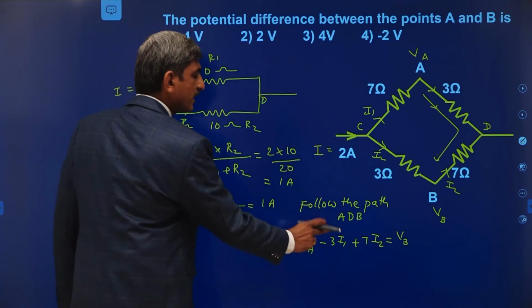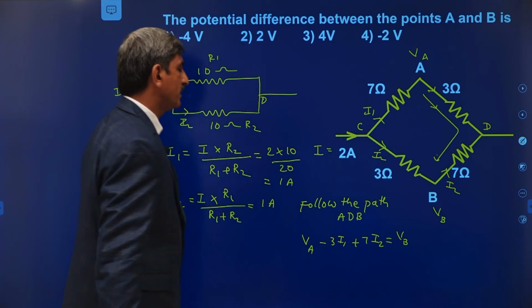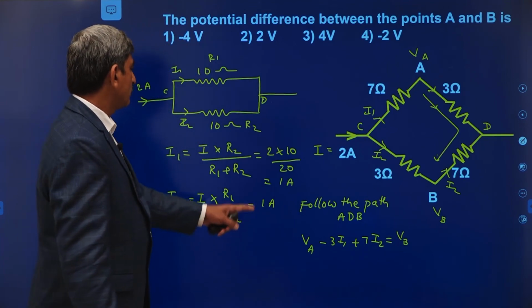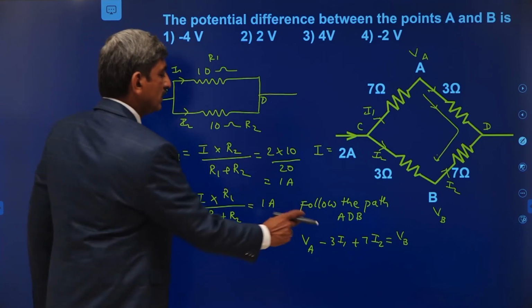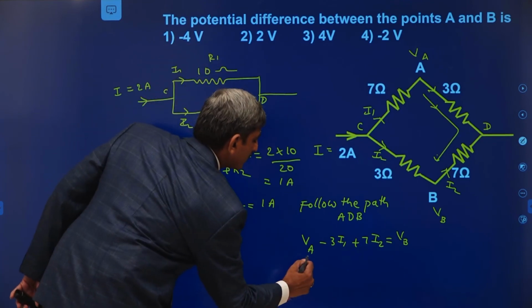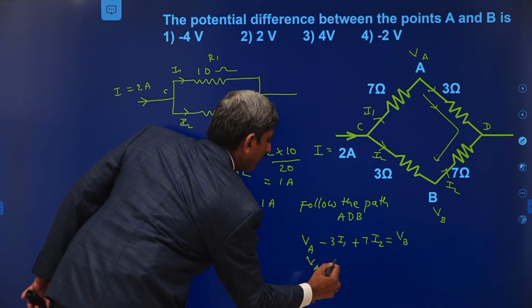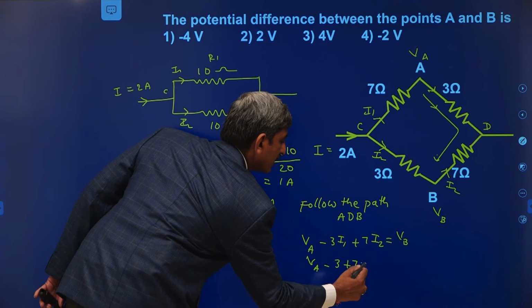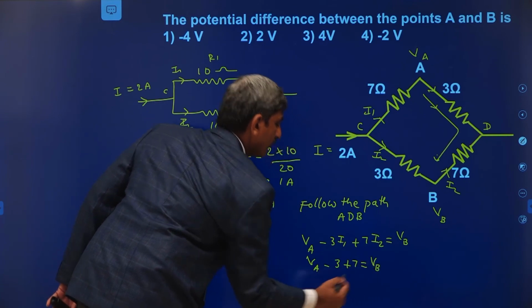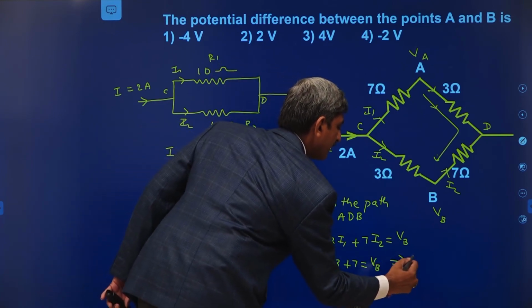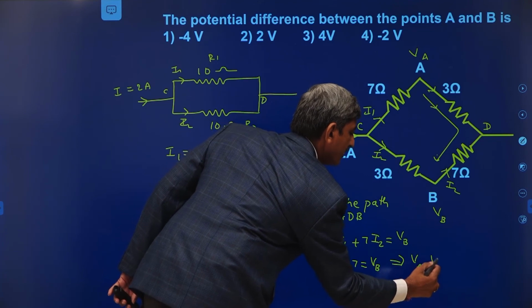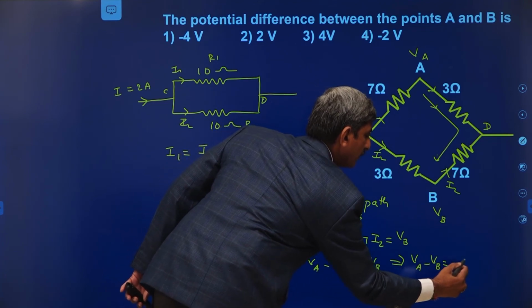So Va minus 3 I1 plus 7 I2 is equal to Vb. Already we have the I1 value and I2 value. Substituting the I1, I2 values, it becomes Va minus 3 plus 7 is equal to Vb. From this we can write Va minus Vb is equal to minus 4 volts.